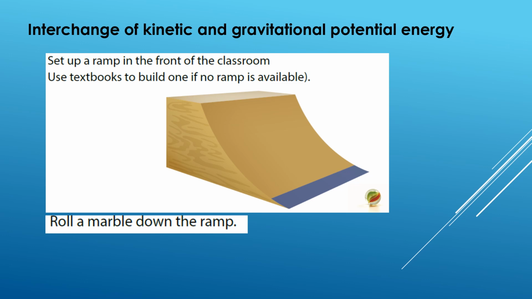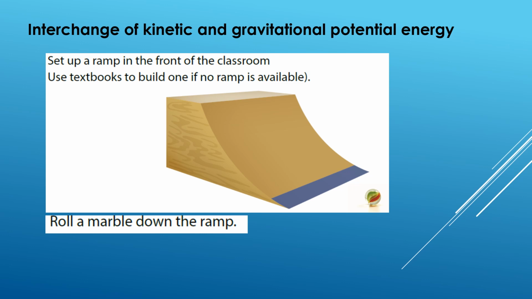When it is released from the top of the ramp, it starts rolling down. When it reaches the bottom, it moves away at a high speed. So how has the energy at the top been converted or transformed?